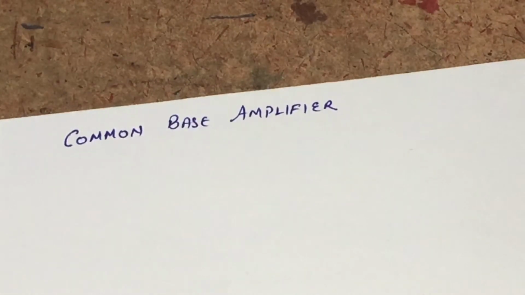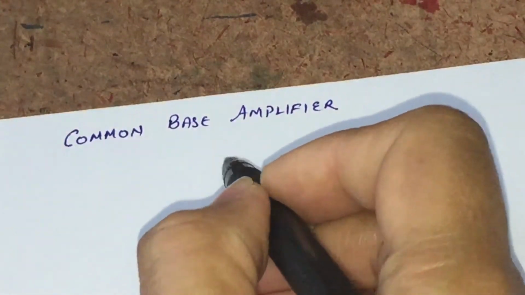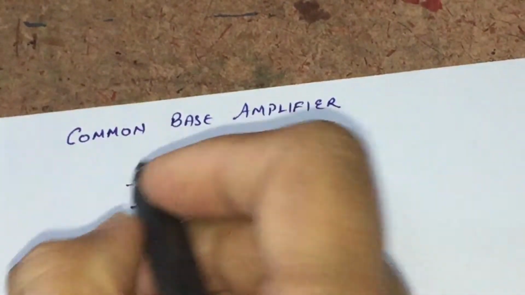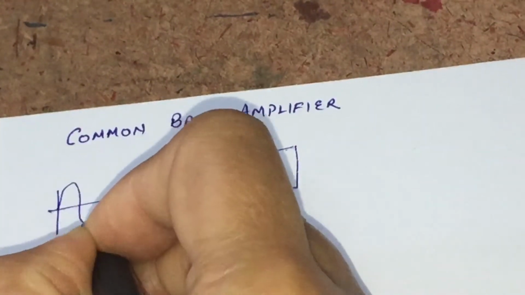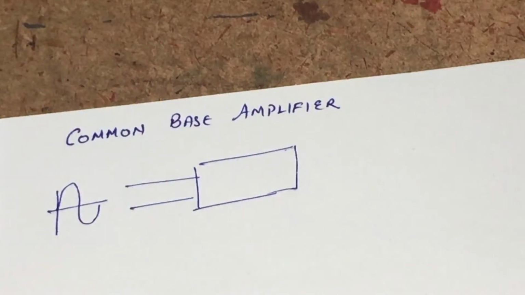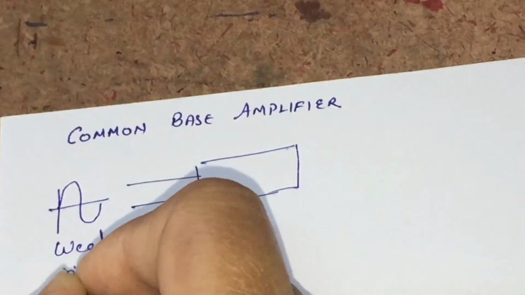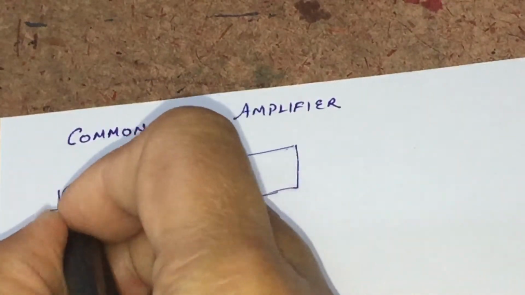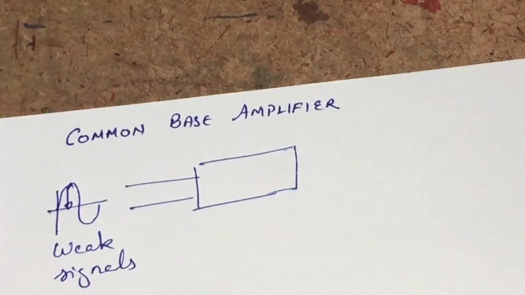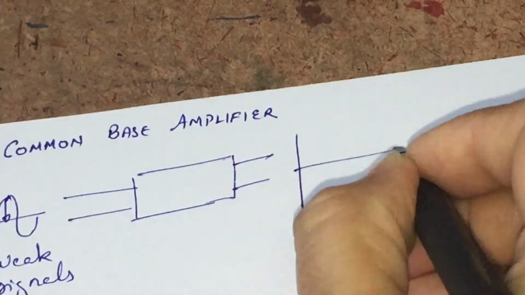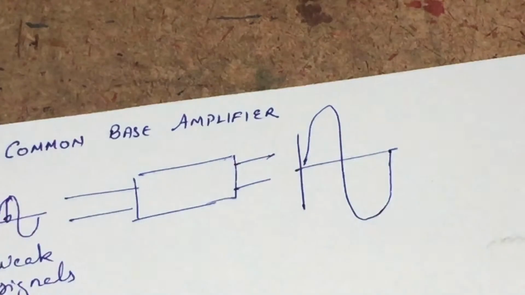As you know, an amplifier is an electronic device which takes as input a signal of very small amplitude, or we can say a weak signal, and converts it into a strong output signal.